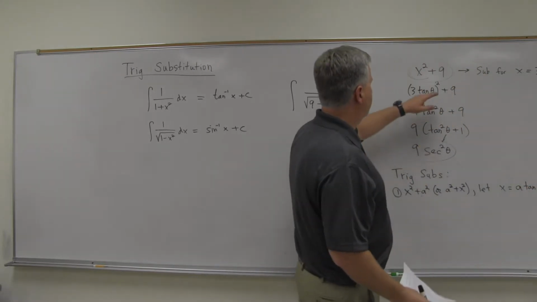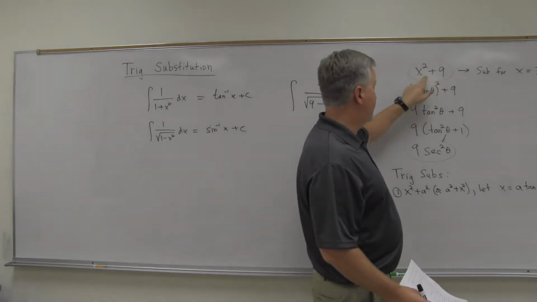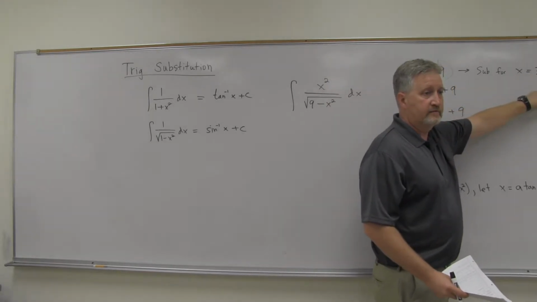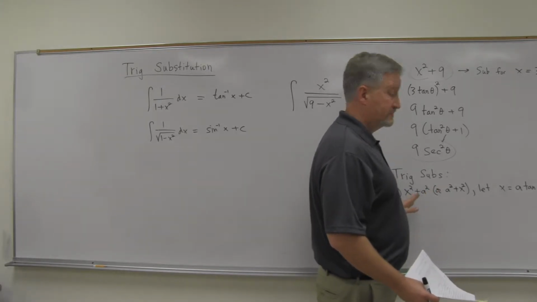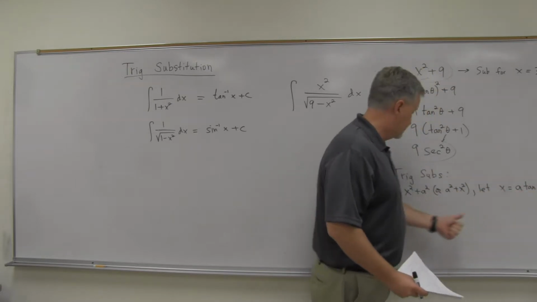Just like we did there. All right, so here we've got what? x squared plus 3 squared. Up here we had x squared plus 3 squared, and so we let x be 3 tan theta. So it's going to work the same way if you have a similar setup. x squared plus a squared, let x equal a tan theta.